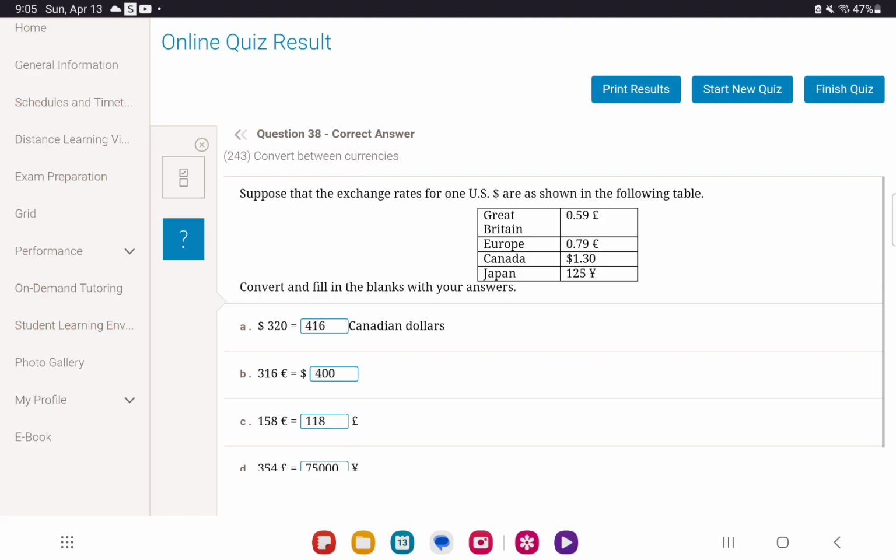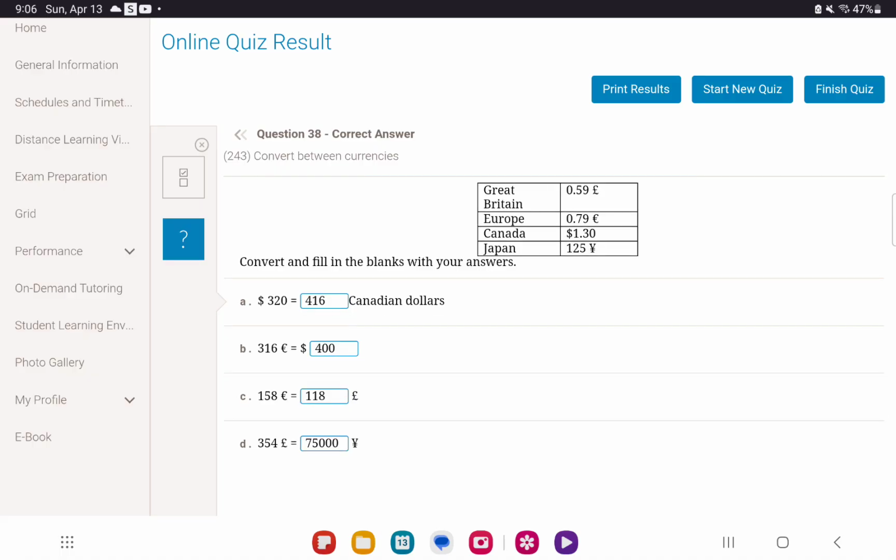So 316 euros divided by 0.79 is $400. Okay. Now, second part. 158 euros. 158 divided by 0.79 is 200.